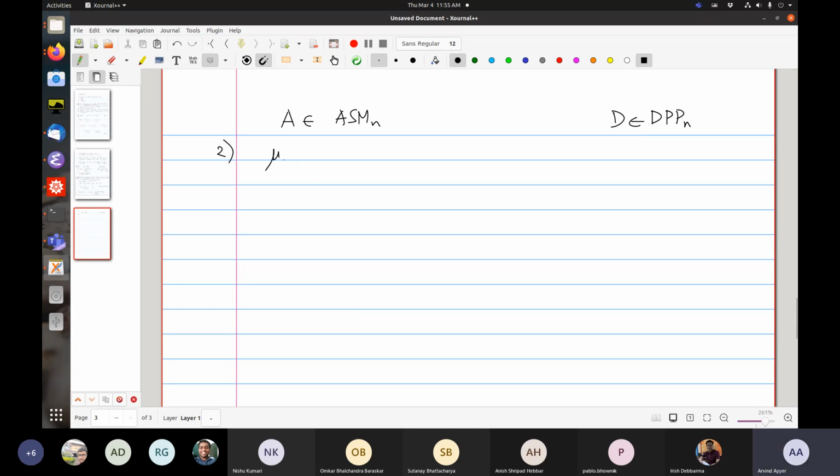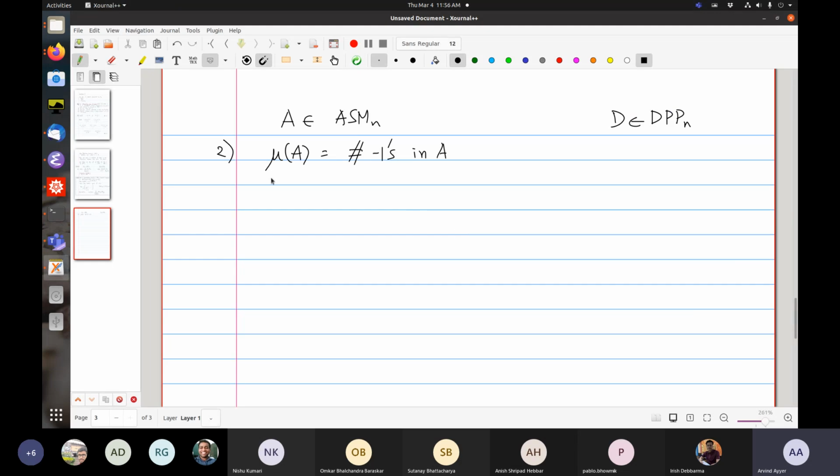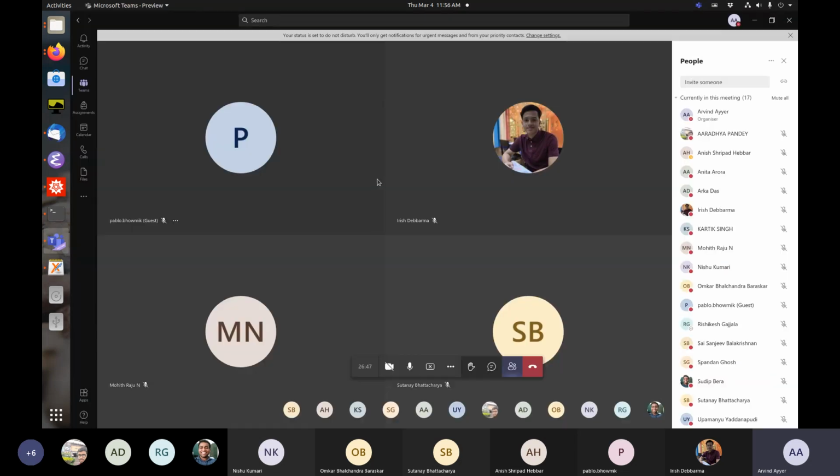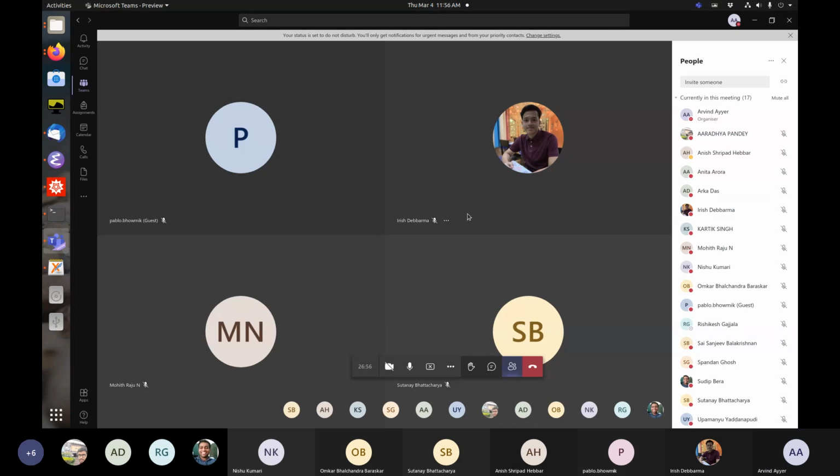Okay, so now mu of A is simply the number of -1s in A. So this is 0 for any permutation, and it can go higher. By the way, can anyone give me a guess for how big can mu of A be for an n by n ASM? Any guesses?